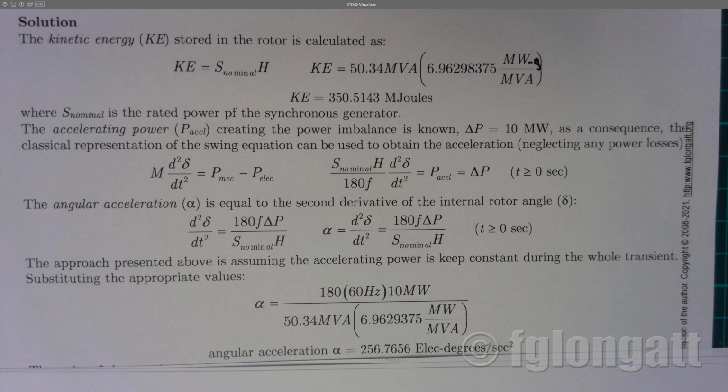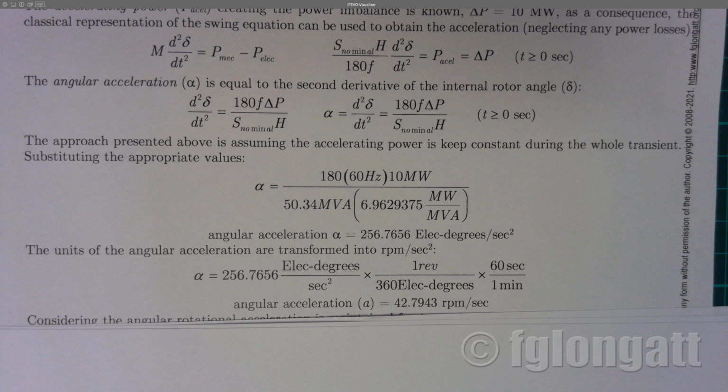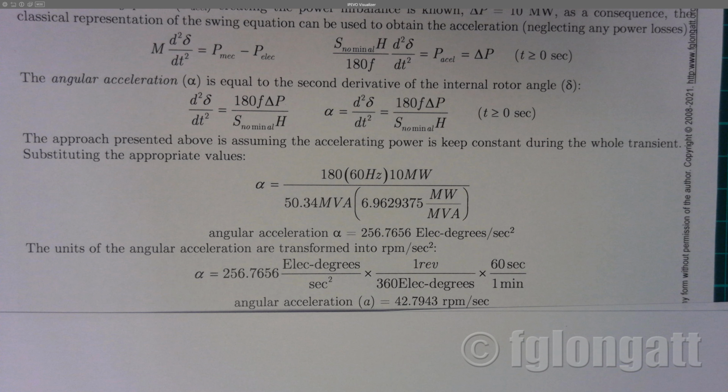The unit for this angular acceleration is electrical degrees per square second. However, to be honest, this unit for acceleration is not quite useful and not frequently used. The acceleration should be modified and expressed in RPM per second, for instance.